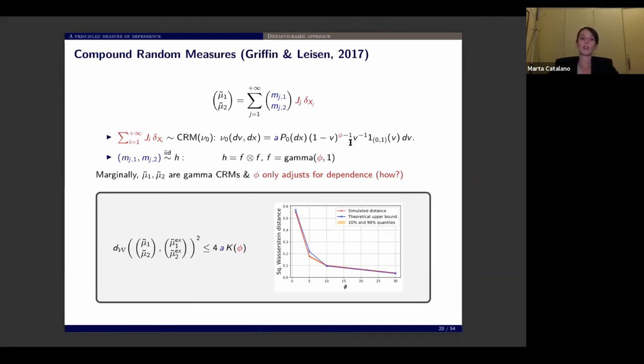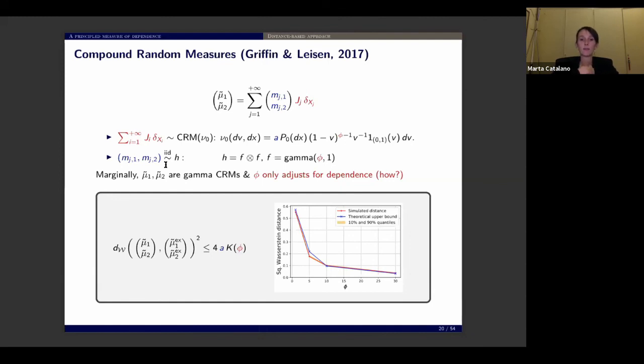So first, they consider a common underlying CRM, and then they perturb it in two different ways, mu1 and mu2, in such a way that the perturbations mu1 and mu2 are actually IID from a joint bivariate distribution H. So this provides a very general way of building CRVs.